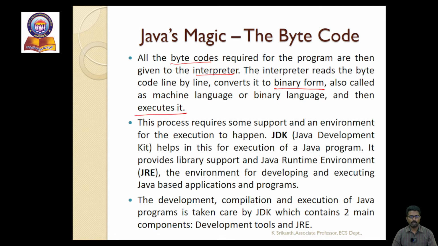So overall, the Java source file is converted into byte code and the byte code is converted into machine code. Because of byte code, the Java language becomes platform independent.